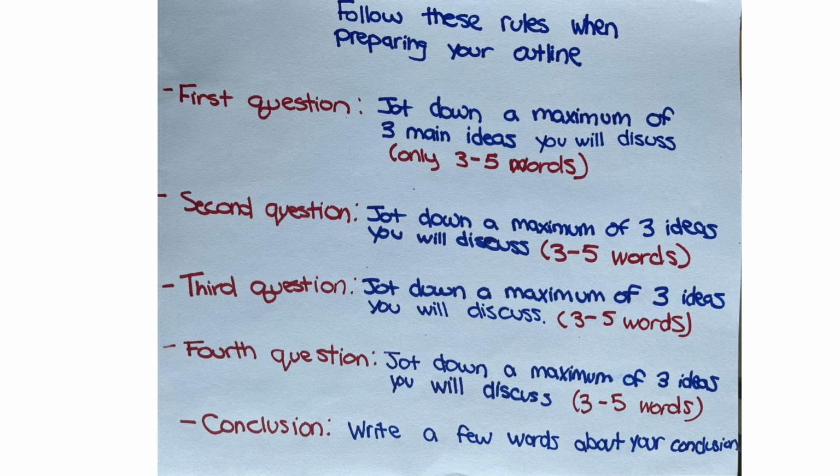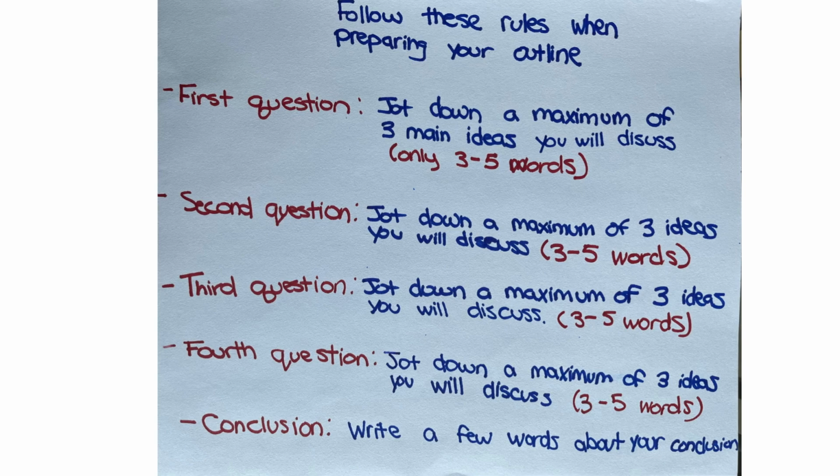So the first, when you are preparing your outline, this is exactly how your outline should look. For the first question we are going to answer, you need to jot down a maximum of 3 ideas you will discuss and only have about 3 to 5 words for the first question.